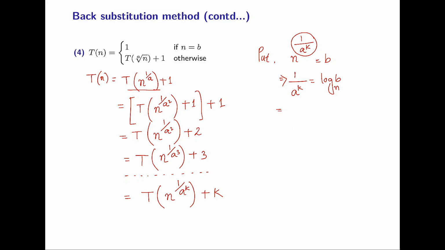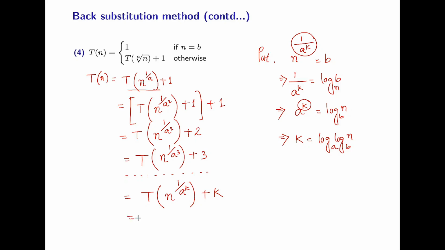Now there is another property of logarithm: if I write a to the power k, this base will change, so log n base b. Again I need to find k, so k is log of log n base b, with the base a. So this is our k now.